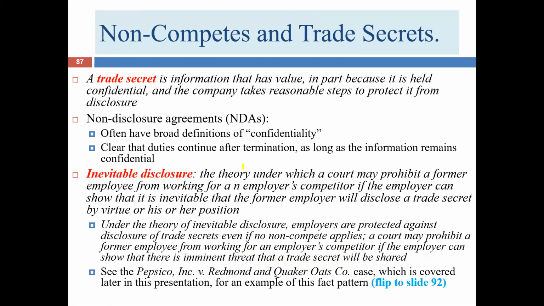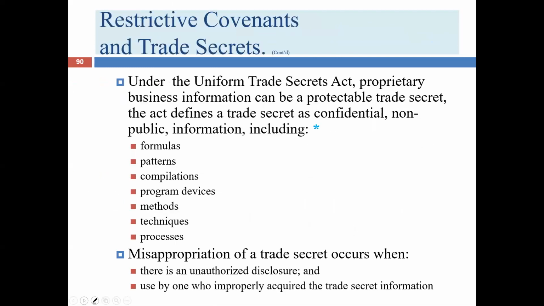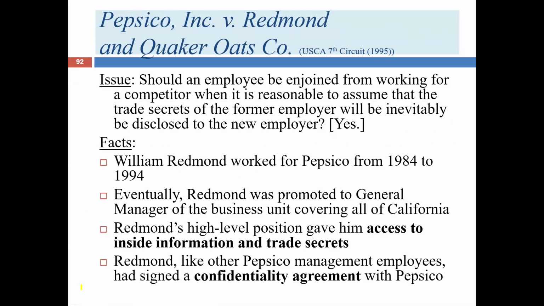Let's look at a case that has applied the inevitable disclosure doctrine. So we're going to flip to slide 92. Again, we'll see this same pattern that we saw before. We'll have an issue, we'll have some facts, a little bit of procedural history, and then we'll have the holding. So what is our issue?